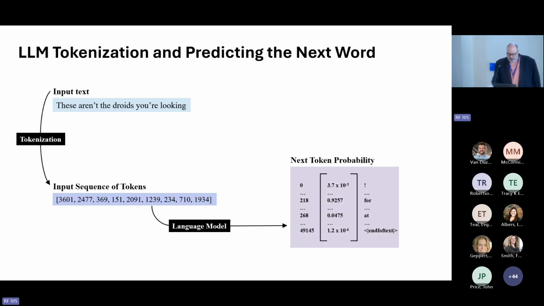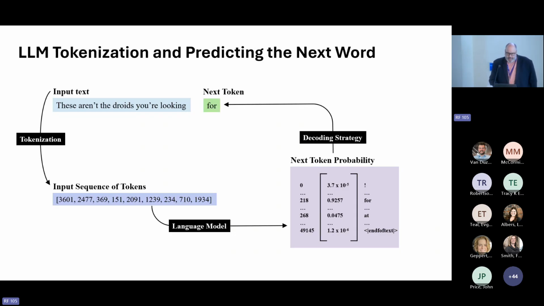So we take that word and decode it from a number back into a word, add it to the text, and then go on from there.